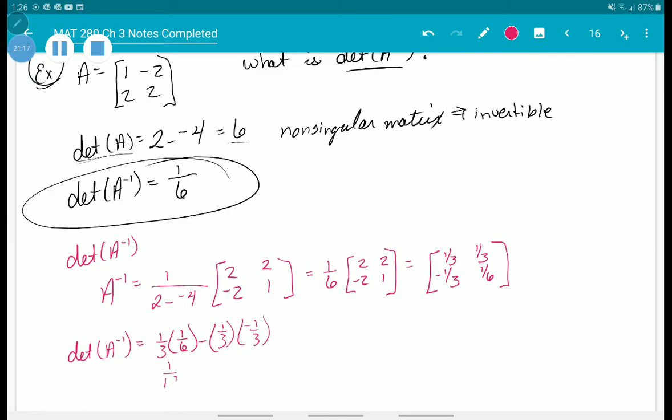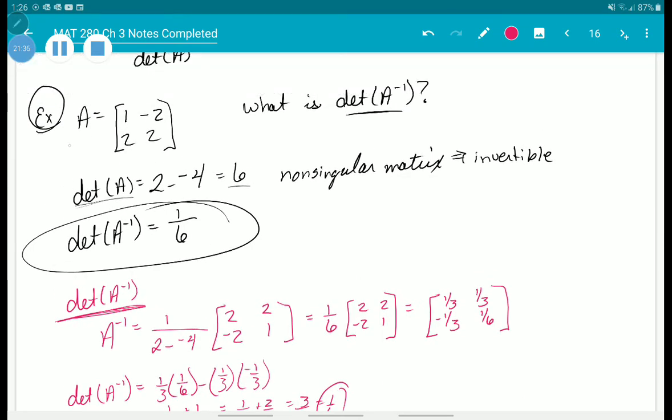So we have 1 over 18 plus 1 over 9, which is 1 over 18 plus 2 over 18, which is 3 over 18, which is 1/6. So you can see how this way definitely would take a lot more work than using that property that relates the determinant of A with its inverse.